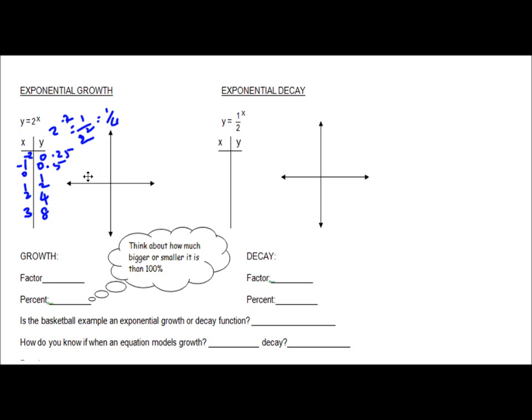So these are my tabular values. I'm going to express this in a graph. If these were the x values, the y values were 0.25, 0.5, and at 0 it is 1, that is my y-intercept. At 1 it was 2, next 4, and at 3 it was 8.